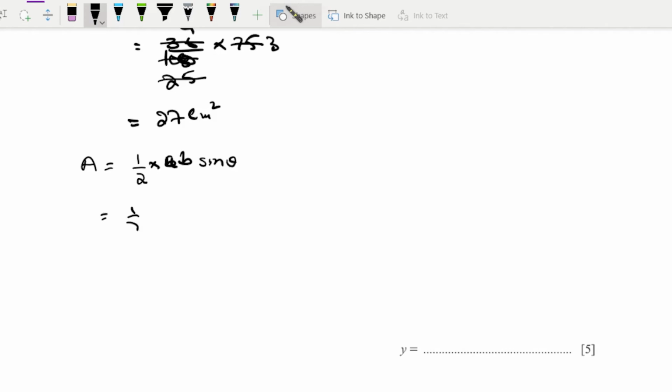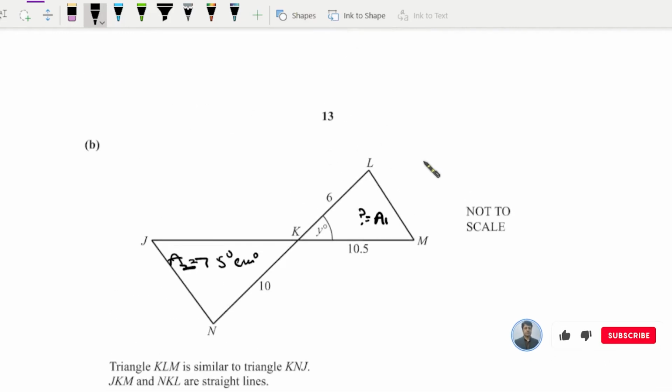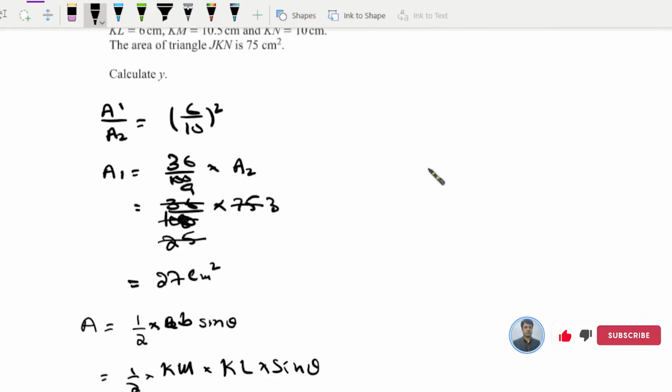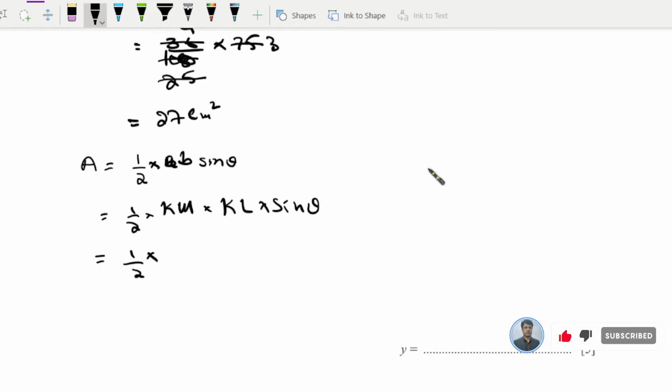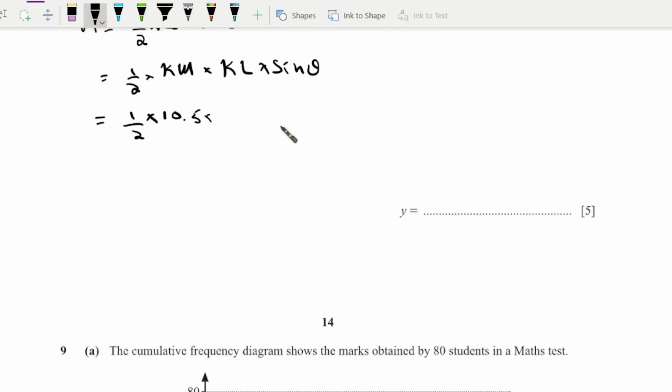So 1 upon 2 multiplied by KM multiplied by KL multiplied by sine theta. So 1 upon 2, KM is equal to 10.5 and KL is 6. 10.5 multiplied by 6.